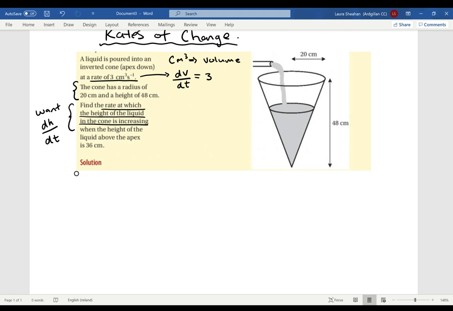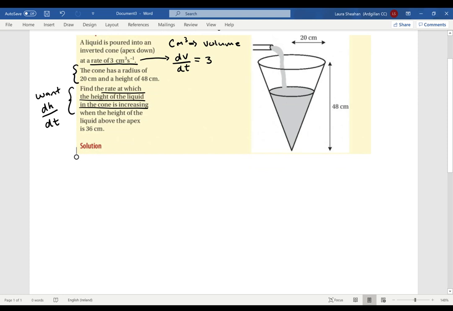I'm not talking about rate with respect to radius or anything else, so what I'm assuming here is that rate is with respect to time. So I go and draw out what I'm looking for. I have dH/dt, which is what I want to ultimately find, and I've been given dV/dt. I need an expression that will allow me to find dH/dt, so it will incorporate an h.